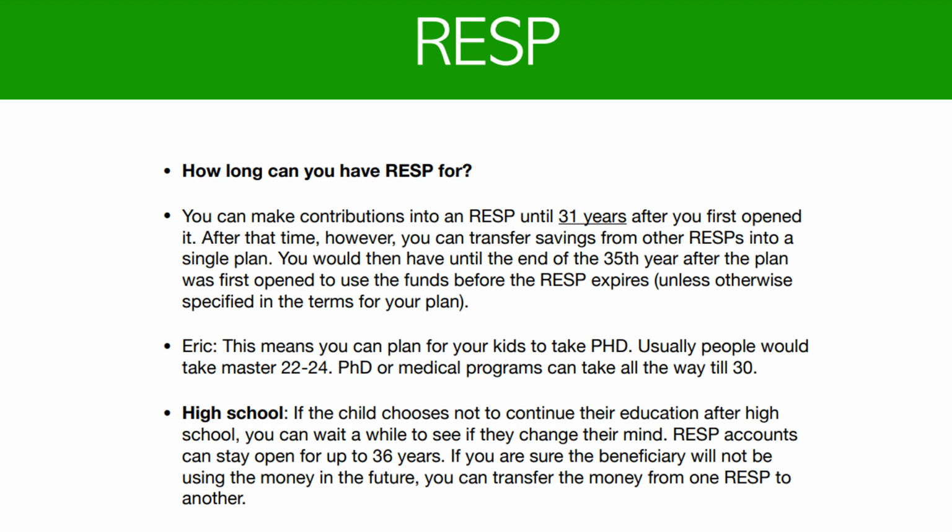Now, if the child chooses not to continue their education after high school, you can wait a little to see if they change their mind. RESP accounts can stay open up to 36 years, so as long as they still decide to pursue higher education later on, they can still use it. If you're sure the beneficiary will not be using the money in the future, then you can transfer the account from one RESP account to another.